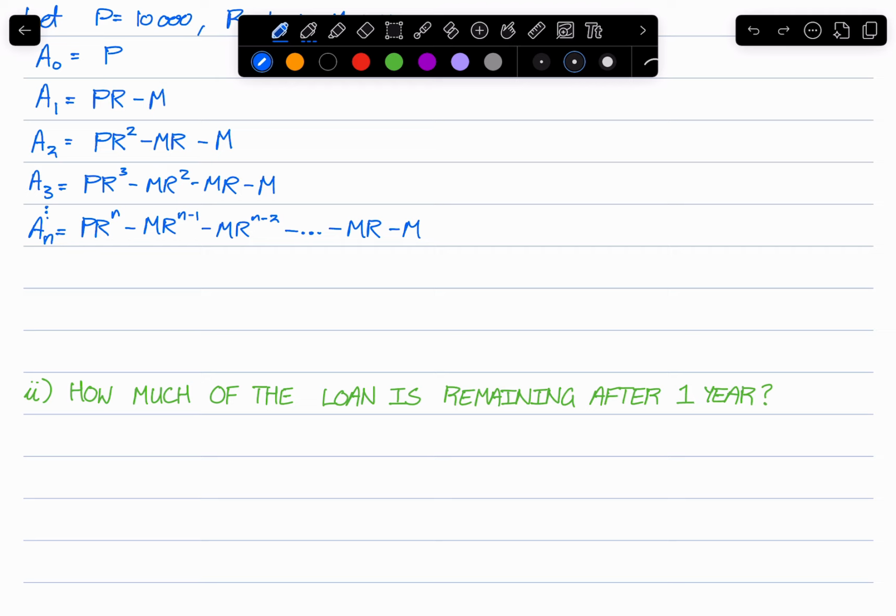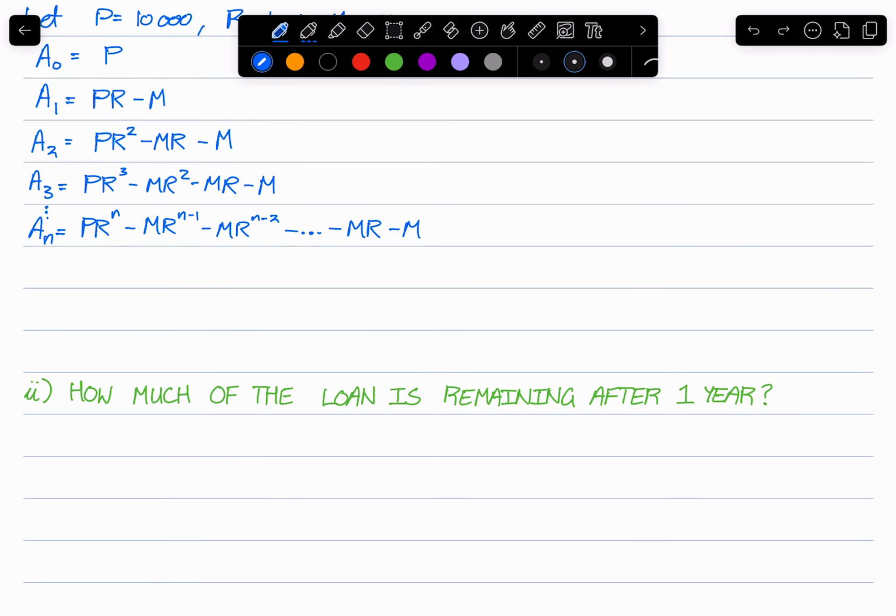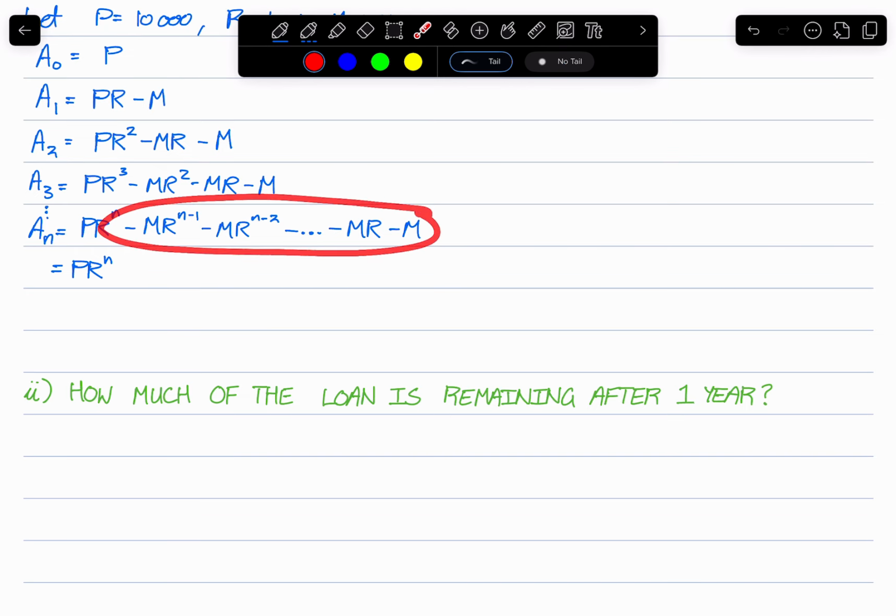Now, here's where there is a slight difference with how we approach this. With annuities, the entire expression had a common factor. In loan repayments, it's almost always the case that this principal value, the loan value, will remain on its own, like so, PR to the power of n. And it's only these repayments that will have a common factor.